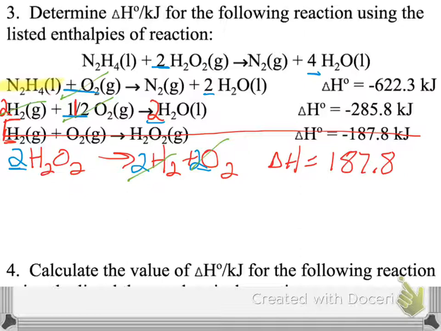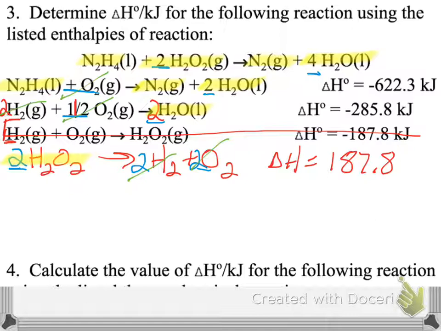So I have 1 N2H4, which is good, that matches. I have 1, 2, 4 waters, that matches. 1 nitrogen, that matches. 2 H2O, 2 H2O. Now everything has either been accounted for or crossed off.